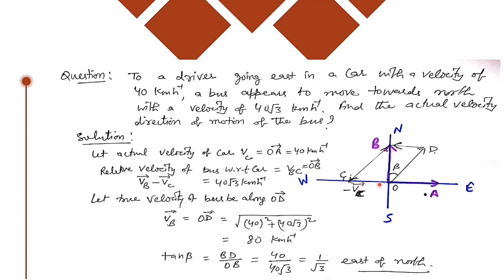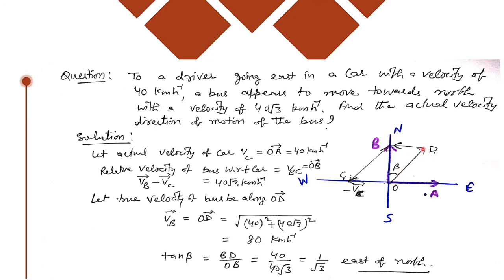Now this is one vector and this is the resultant vector with me, it means the relative velocity. My second vector should be in this direction so as to get the resultant in between the first and second vector. I am supposing that the bus is moving in this direction, OD.